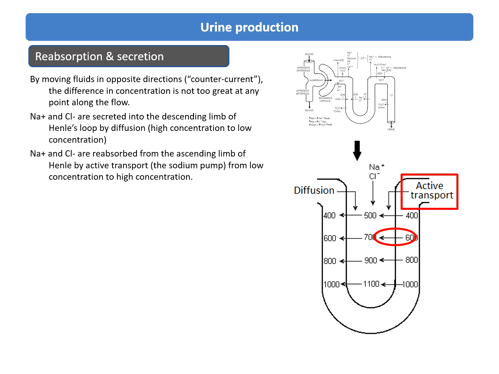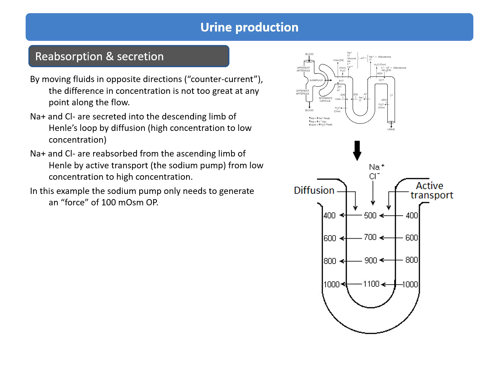Sodium and chloride are reabsorbed from the ascending limb of Henle by active transport, sodium pump, from low concentration to high concentration. In this example, the sodium pump only needs to generate a force of 100 milliosmoles osmotic pressure.